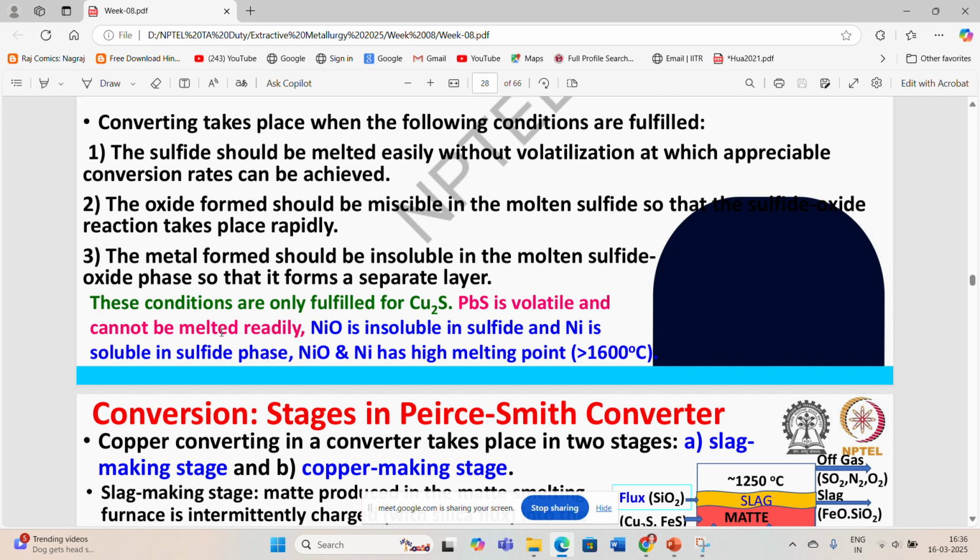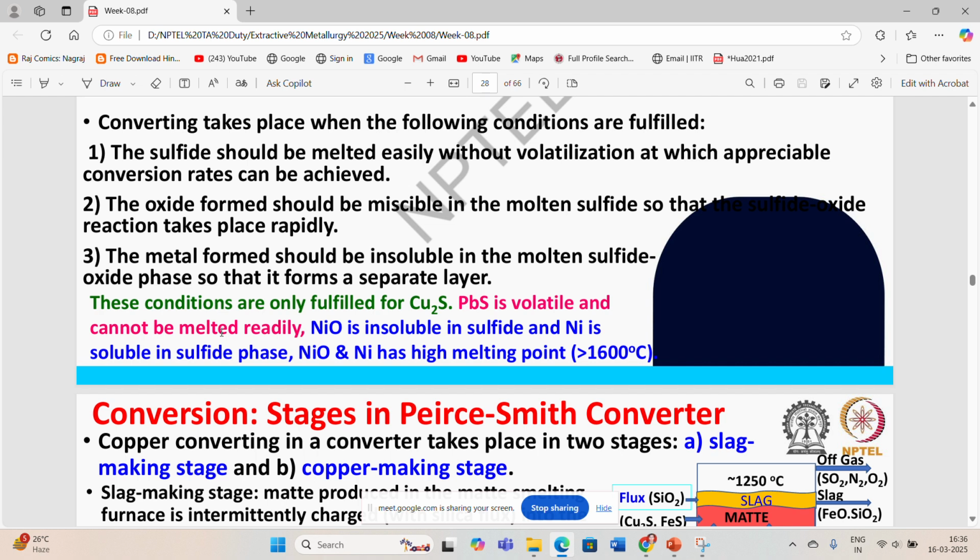These conditions are only fulfilled for Cu2S. Remember, numerous elements are present inside this Cu2S concentrate in the form of impurities, like PbS, some amount of nickel, and some amount of gold and silver, some precious metals. However, as we already know, the precious metals do not react with the sulfur or oxygen, so they are going to get reported in the metal phase only.